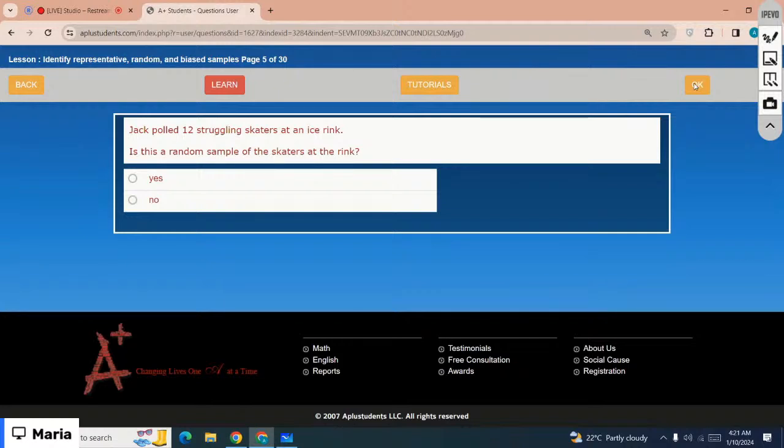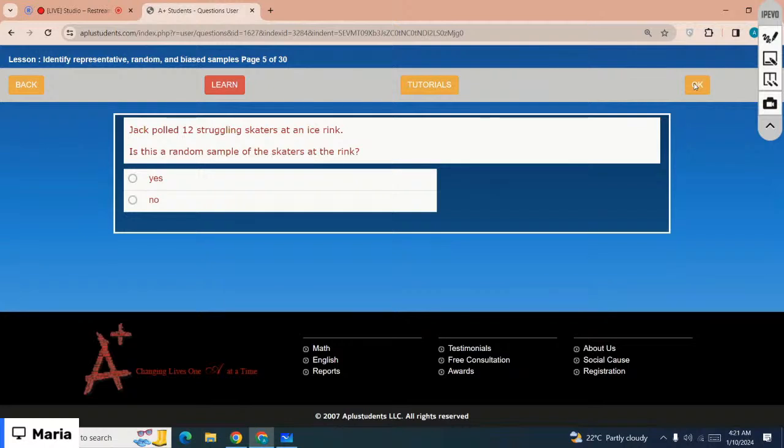Jack polled 12 struggling skaters at an ice rink. Is this a random sample of the skaters at the rink? Which is the correct option?